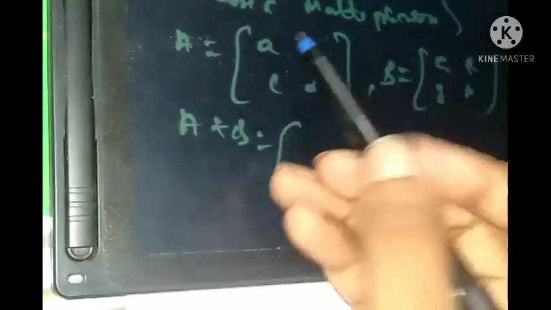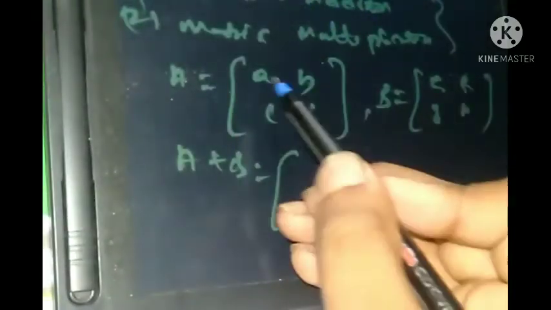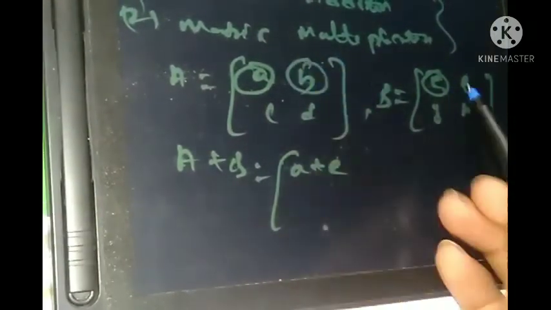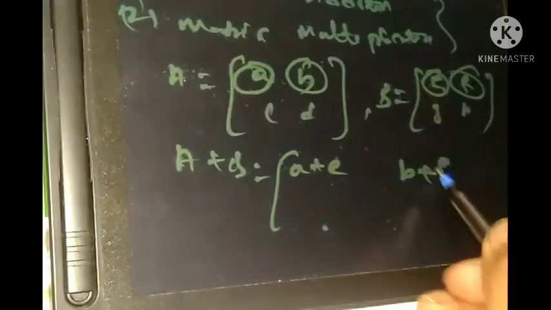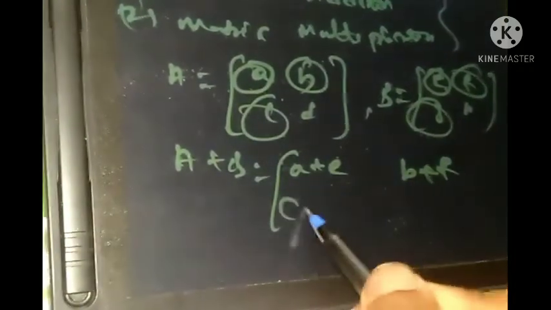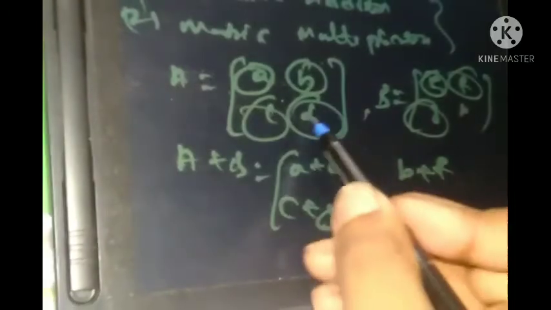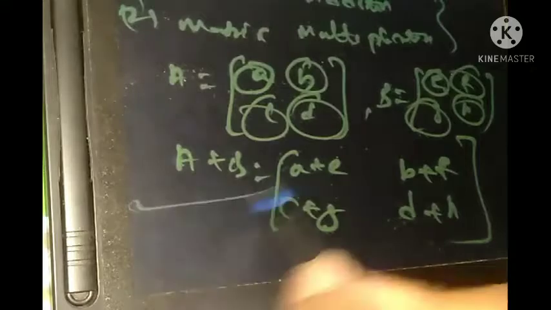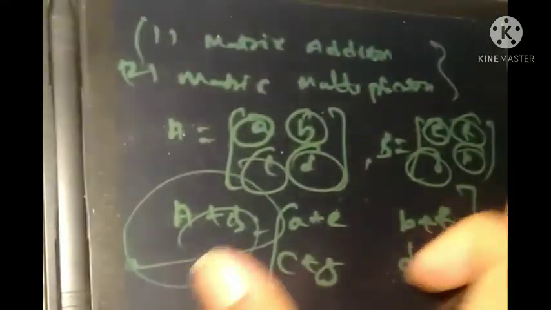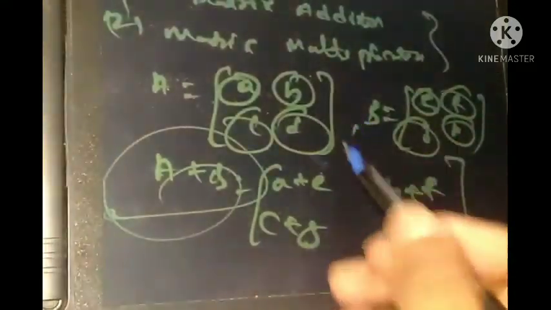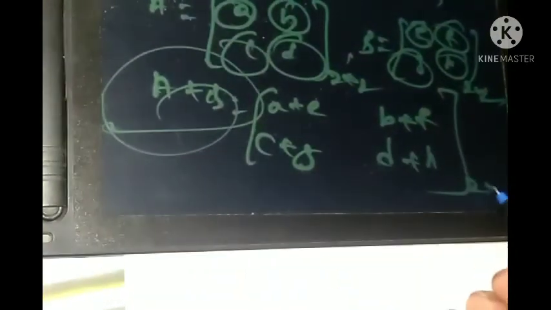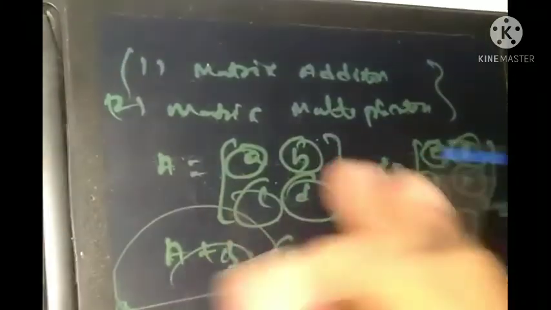We add this element and this element, this element and this element, and now we add this element and this element, A plus H. This is what we call matrix addition. Now this is a 2 by 2 matrix, and for a 2 by 2 matrix we get a 2 by 2 matrix here also. This is matrix addition. Now we come to matrix multiplication.